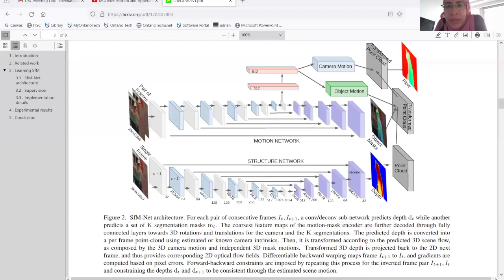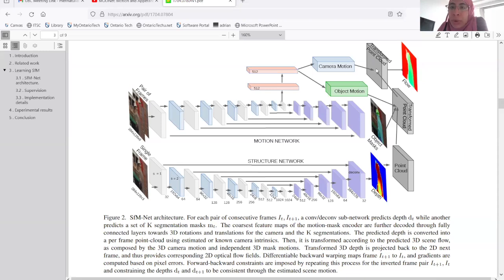So, for example, the model itself is trying to estimate the camera motion and the object motion. So everything is being learned, but you don't have a signal, you don't have a ground truth of what the depth is. You're just relying on the fact that by getting an initial point cloud that is predicted, you can transform the point cloud using your estimated camera motion.